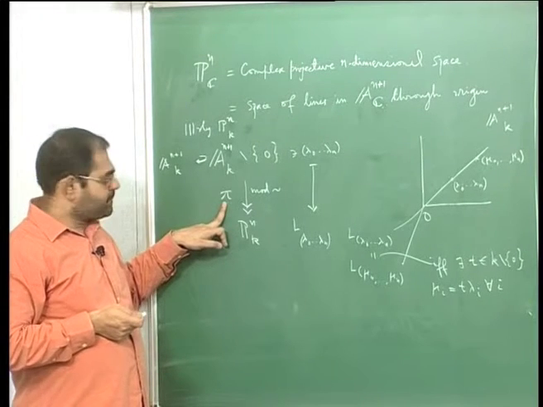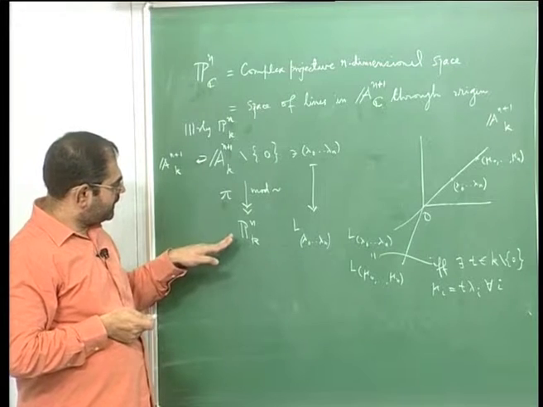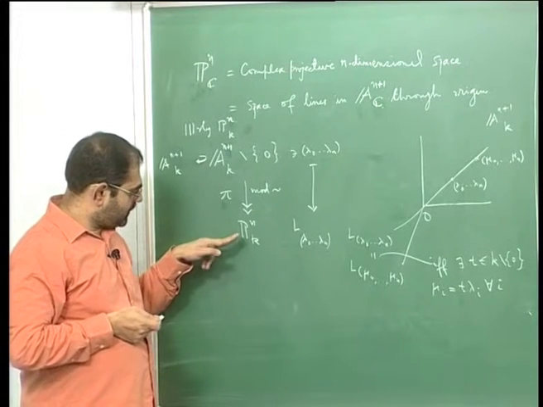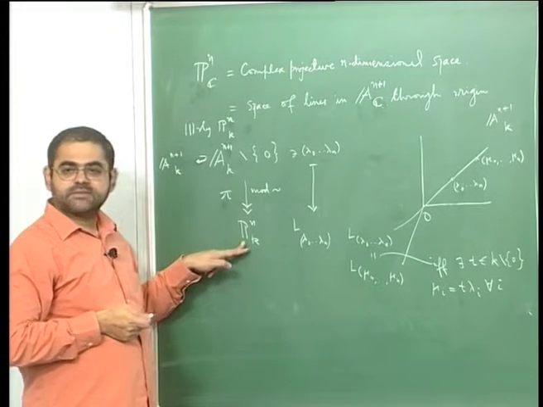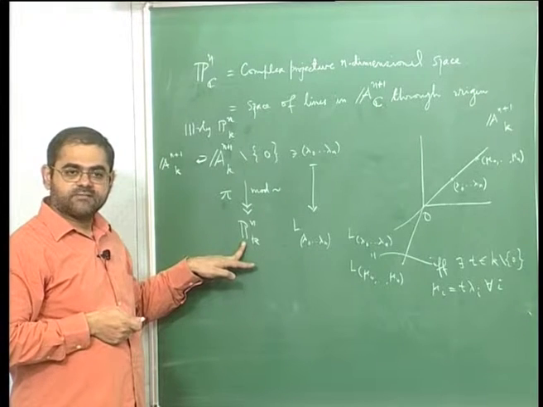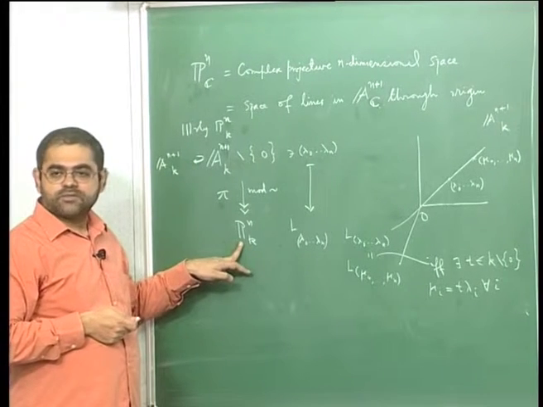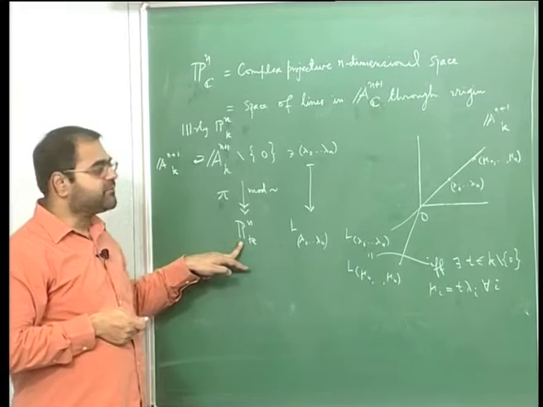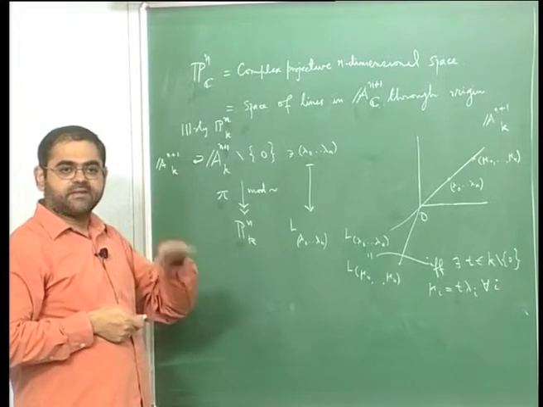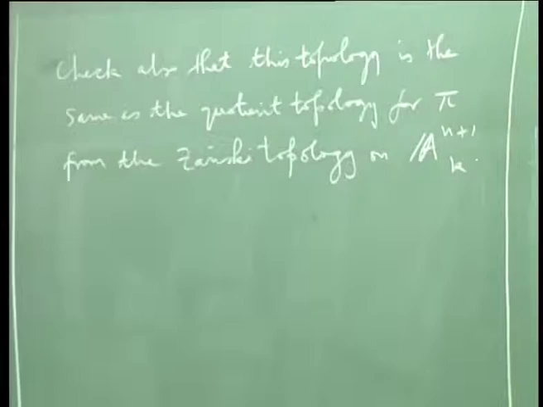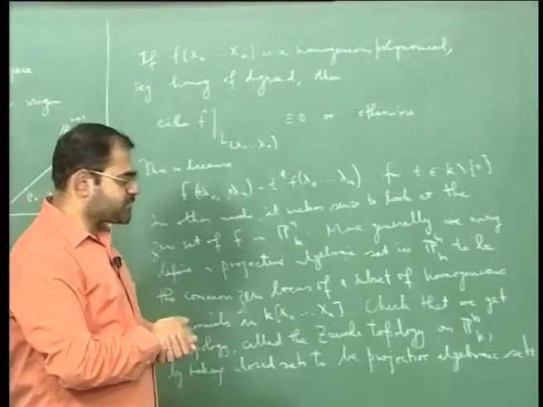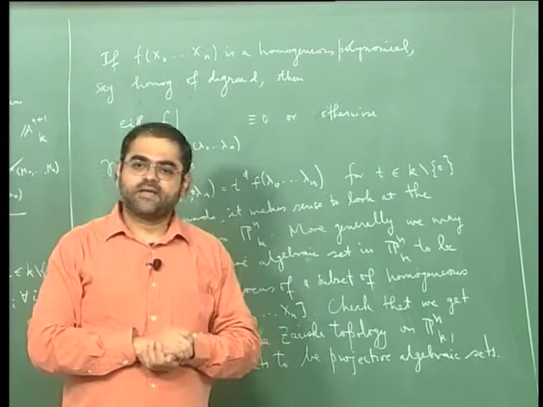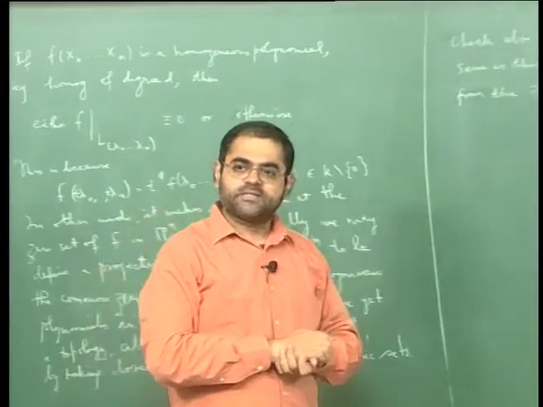The other definition is that you define the topology directly on this to be given by closed sets which are given by common 0 loci of a bunch of homogeneous polynomials. The only difference between the projective case and the affine case is that in the affine case you consider all polynomials, but in the projective case you consider only homogeneous polynomials.